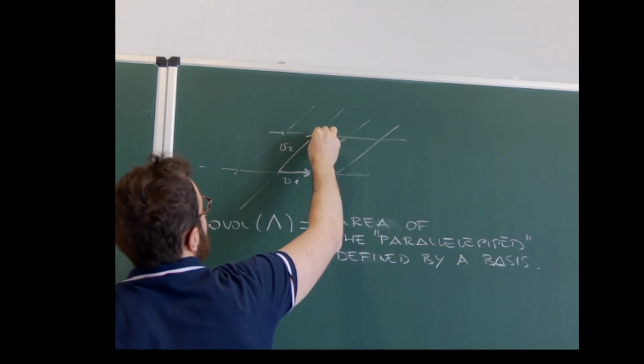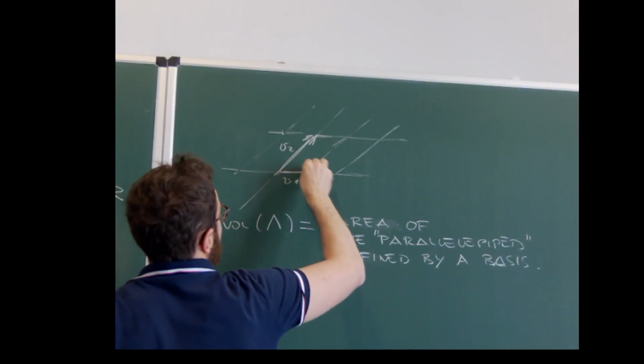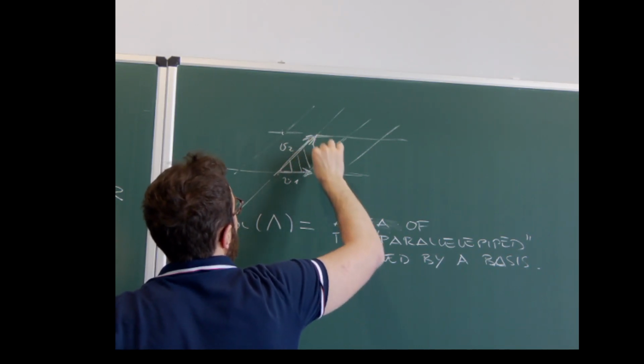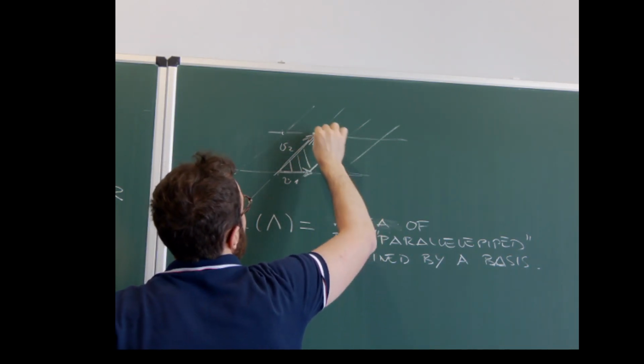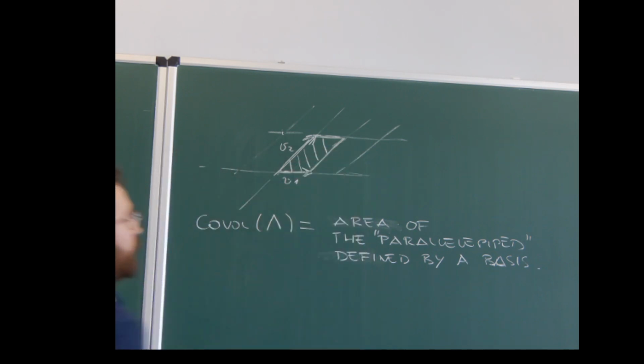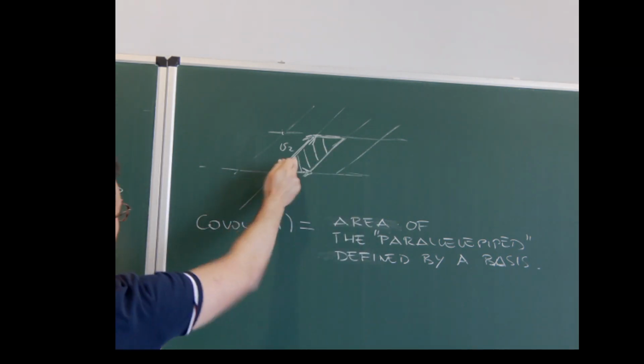So for example, in this case, I have these two linear independent vectors, and as a co-volume of lambda, I take the area of this parallelogram.